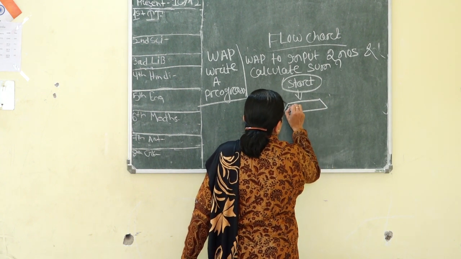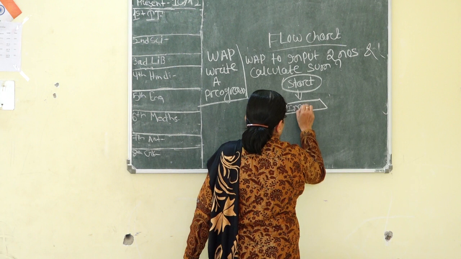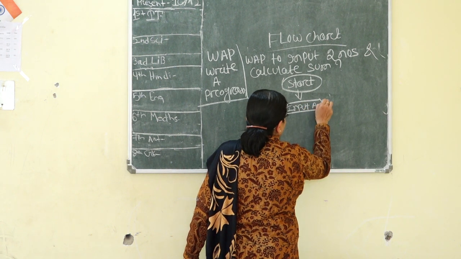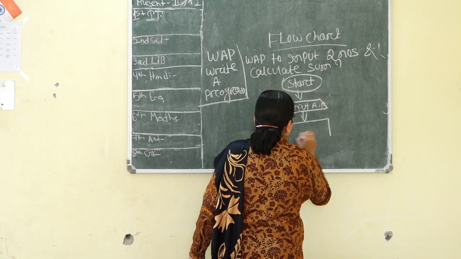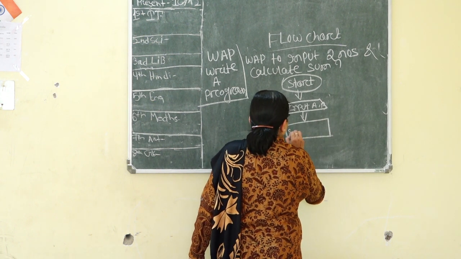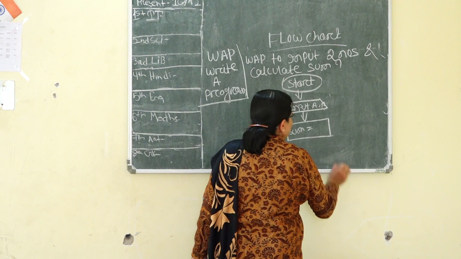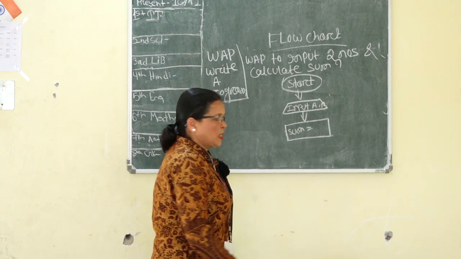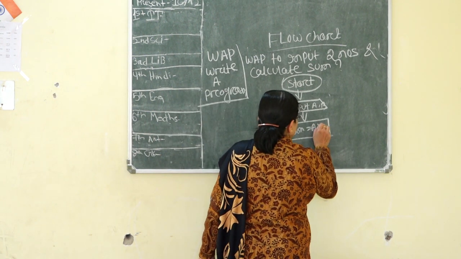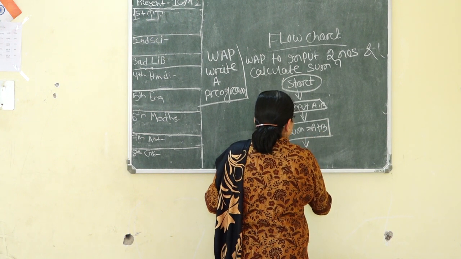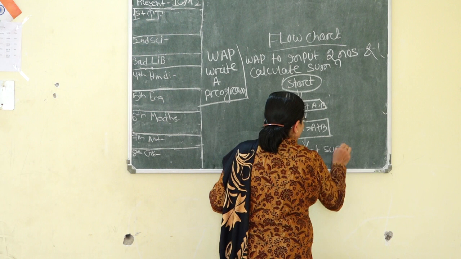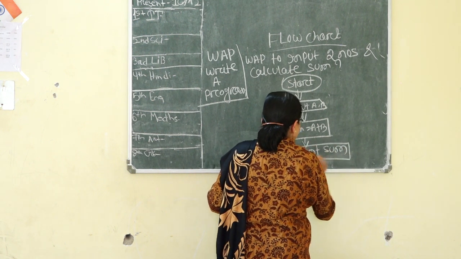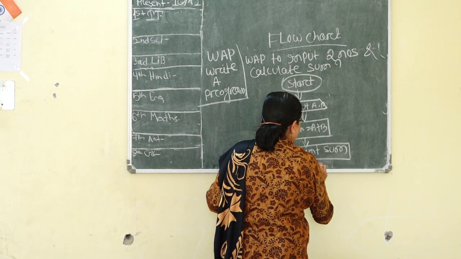Input box means input A, comma B. Then what is our processing box? Sum equals A plus B. Then print sum, then stop.